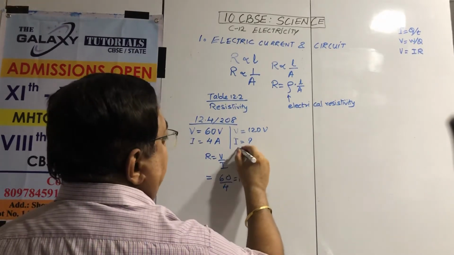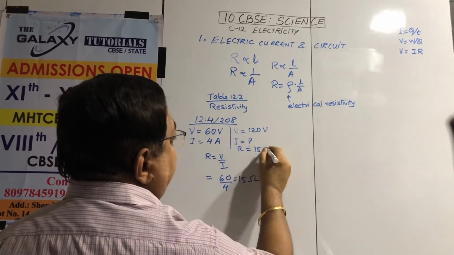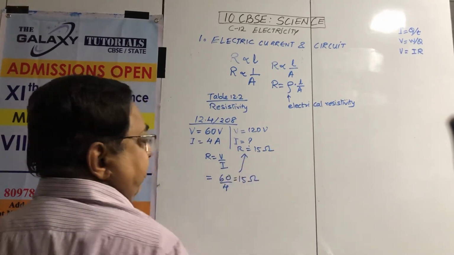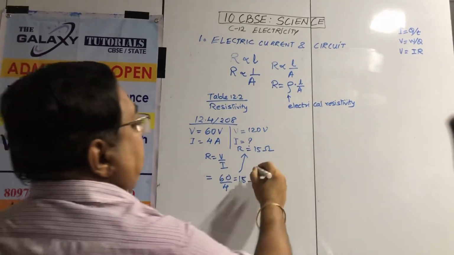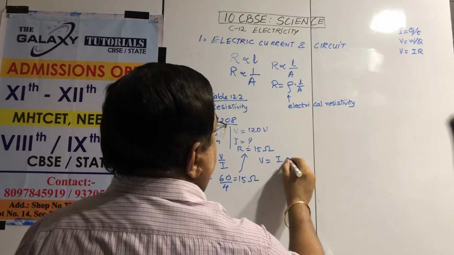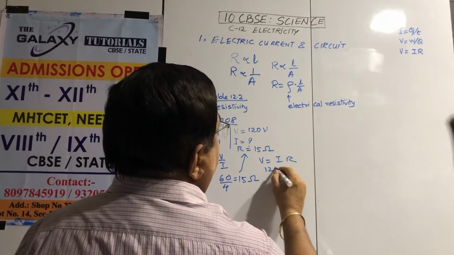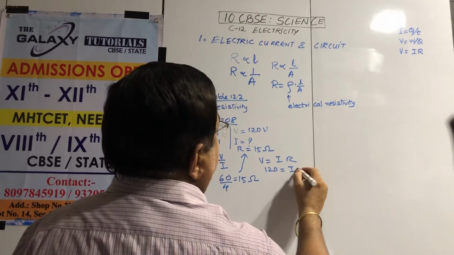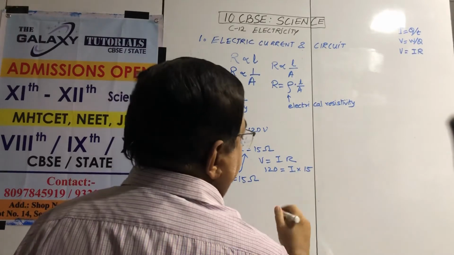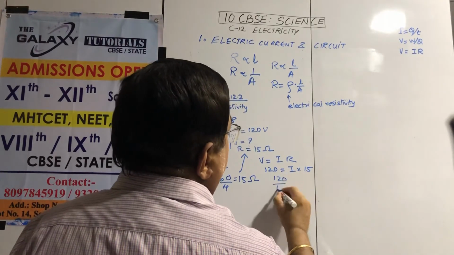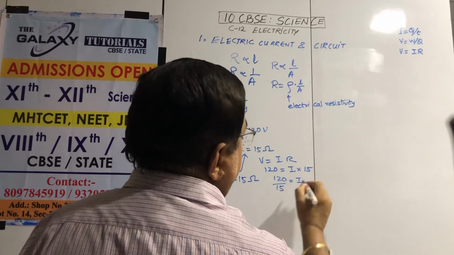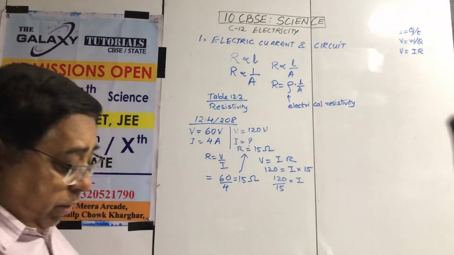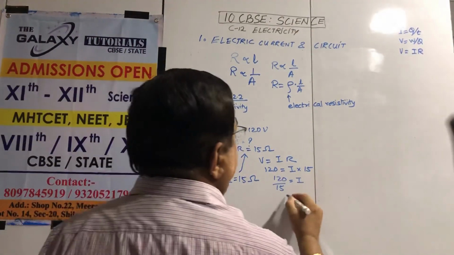Now here I have already brought R as 15 ohms. V is IR. When I make it 120, I do not know the current, but I know my resistance is 15. So 120 upon 15 is I, which when you divide, you will get 8 amperes.